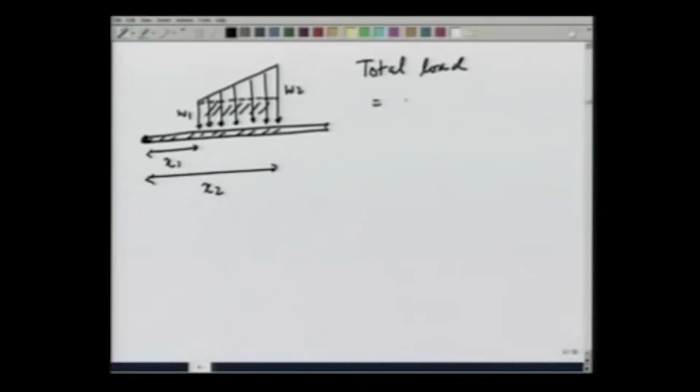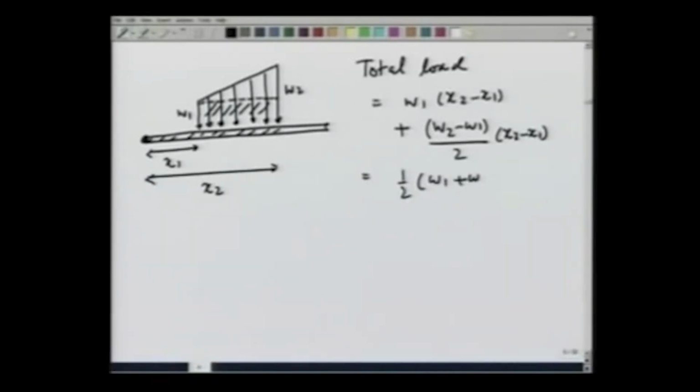So, the total area is going to be the area of the rectangle, which is W1 times (x2 minus x1), plus the area of the triangle, which is (W2 minus W1) divided by 2 times (x2 minus x1), which comes out to be the area of the trapezoid, which is nothing but 1/2 (W1 plus W2) times (x2 minus x1). So, this is the net load which is working on this.